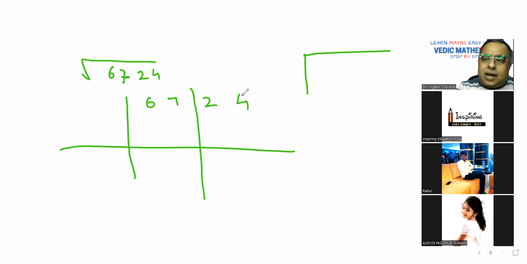Up till now the first assumption is the same, 67. What is the nearest square? 8 squared is 64. So here 64.